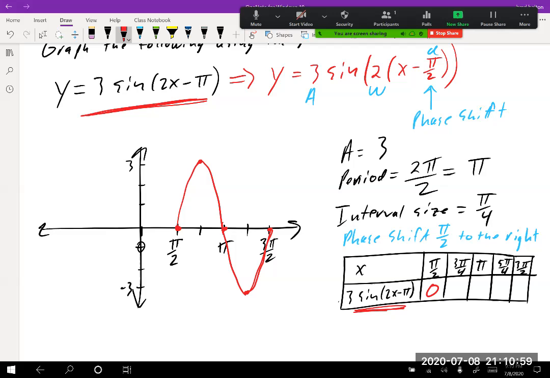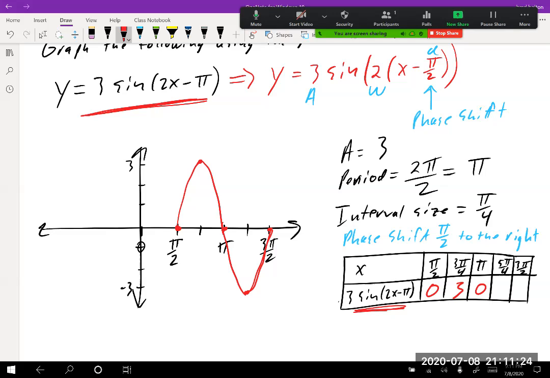For 3 pi fourths, 3 pi fourths times 2 would be 3 pi halves, minus pi. So that's pi halves, and the sine of pi halves is 1, times 3 is 3. Now I'm going to put a pi in there. 2 pi minus pi is pi. Sine of pi is 0.